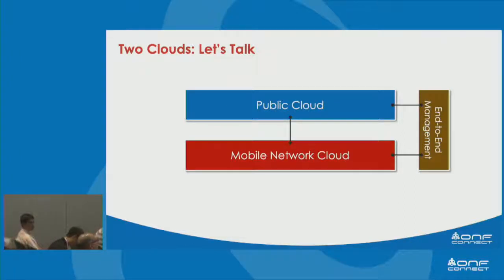Yeah. So probably the answer to your question is going to be governed by the national laws. So depending on which country you're talking about, it is going to be different. So in the US, to my knowledge, running all aspects of EPC from the public cloud will not be allowed.